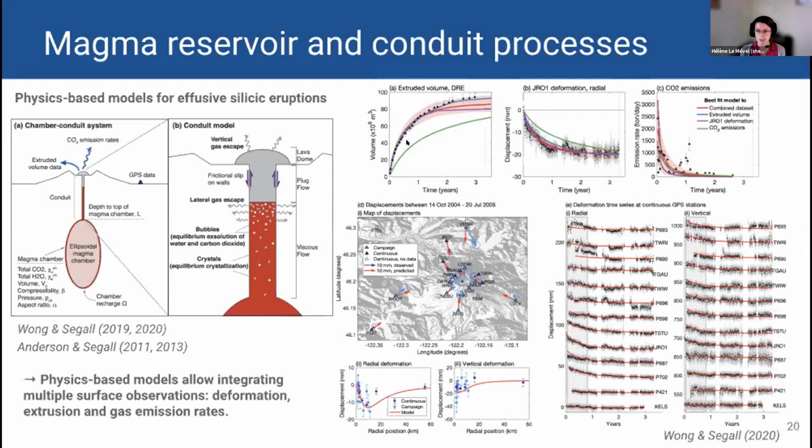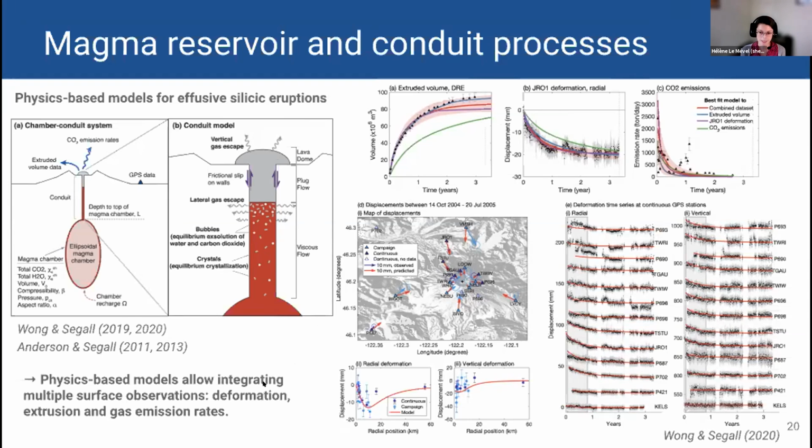And this model is applied to effusive silicic eruptions, for example, the 2004-2008 eruption of Mount St. Helens. And it is used to predict 3 different time series: the extruded volume, the CO2 emission, and the ground deformation. So I won't go into any more details because Paul will talk about it more later this week.